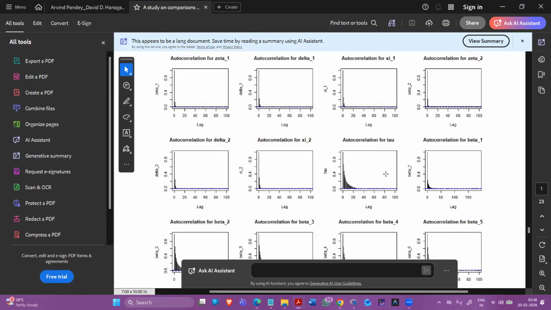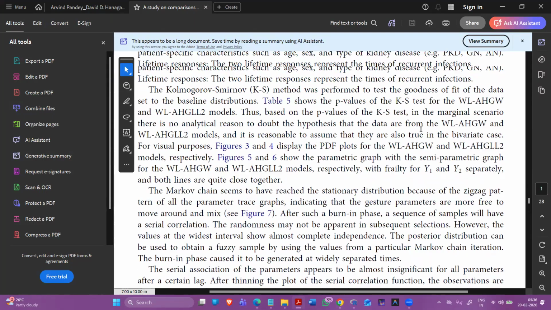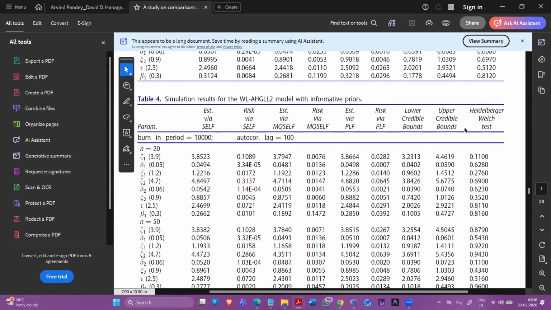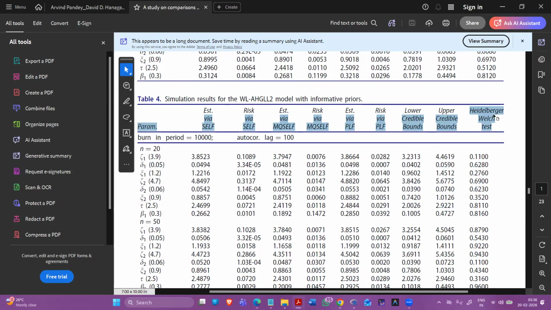Here, I think I have used another test also, if I am not wrong. Yeah, the Heidelberger-Welch test is there, for the convergence. That is another test here.